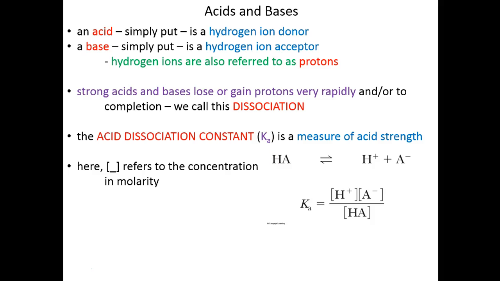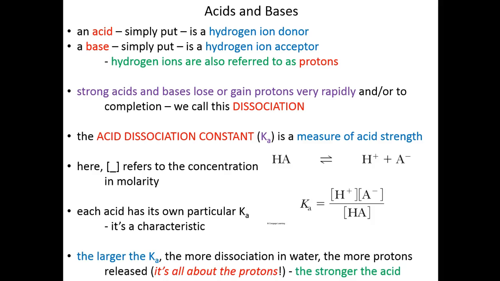And as always, when we're talking chemistry, these brackets refer to concentrations, and those are concentrations in molarity units. Those are molar concentrations. Each acid has its own particular Ka, its own dissociation constant. It never changes for that acid. It's a permanent property or characteristic. I like to think of it as the acid's eye color. Eye color can't naturally change, and neither can Kas.